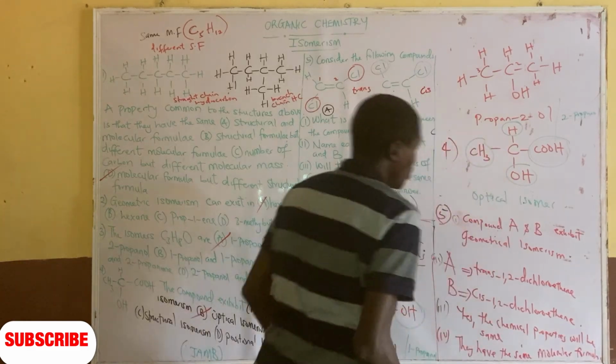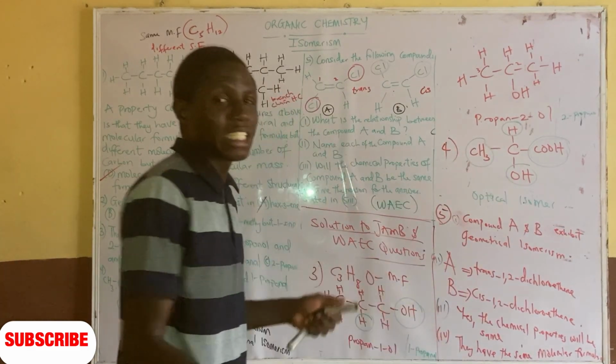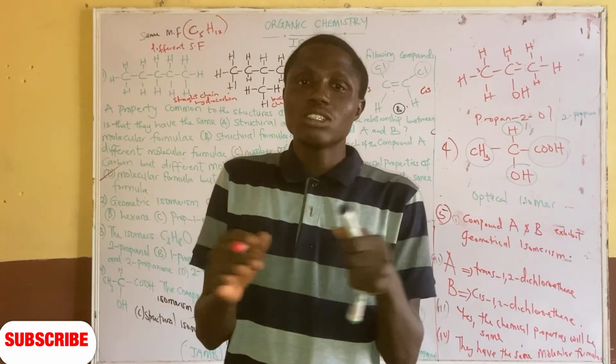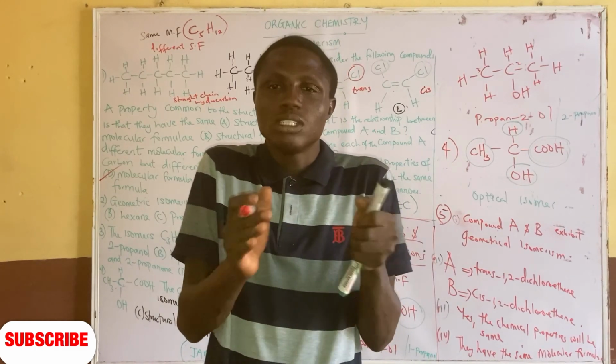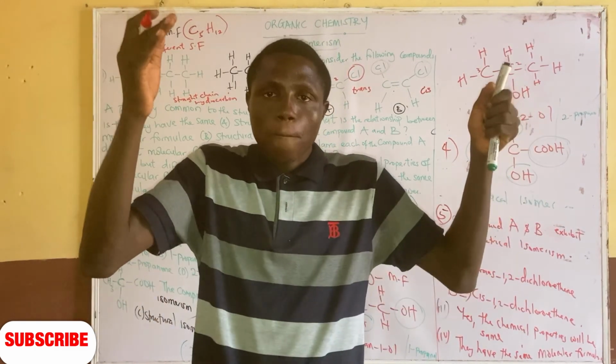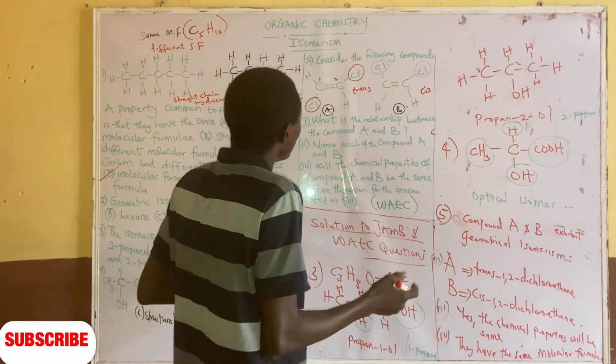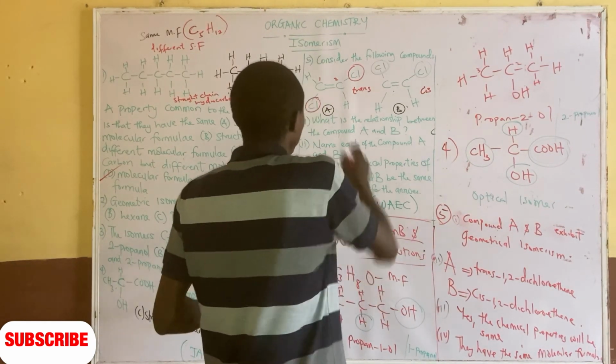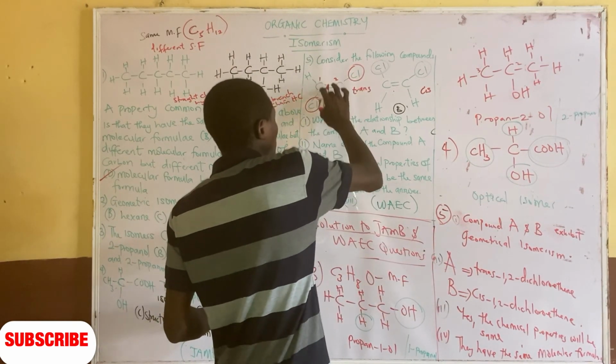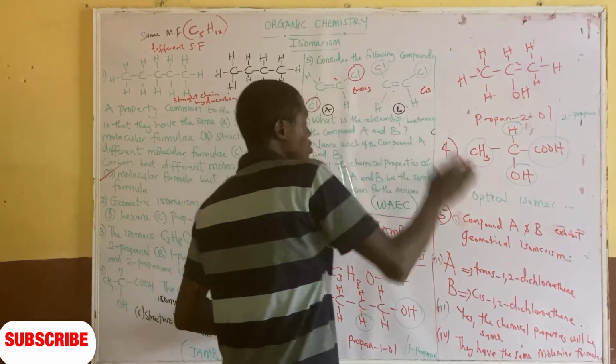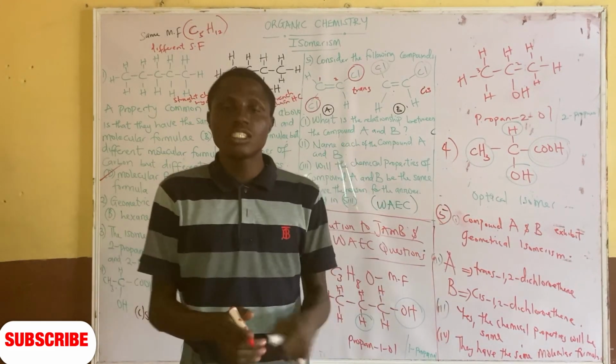So the chemical properties will be the same. There is not going to be a difference between the chemical properties, because they have the same molecular formula. They have the same number of chlorine, the same number of carbon, and the same number of hydrogen.